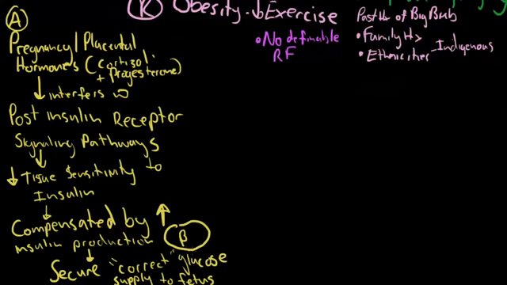Hormones and complicated hormonal stuff interferes with your post-insulin receptor pathways. It causes a decrease in your tissue sensitivity to insulin, which is compensated by your beta cells. Alright, so how do you get gestational diabetes? So I will do this in red, and we'll relate. First, I'll relate obesity. Also, I'll just quickly put in here plus fat. So you put on fat, and that also interferes with insulin.